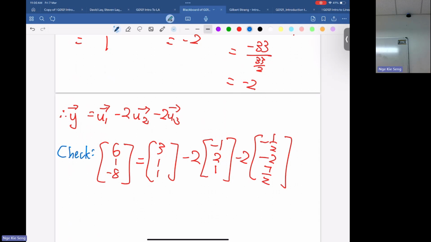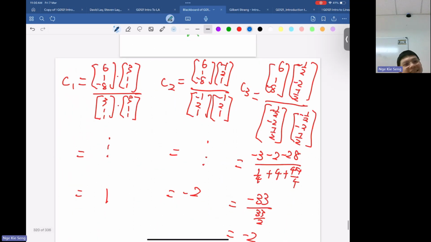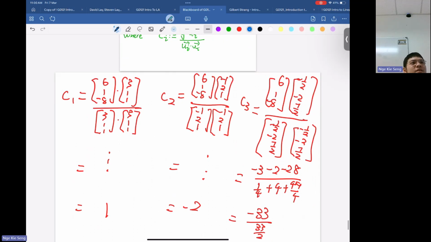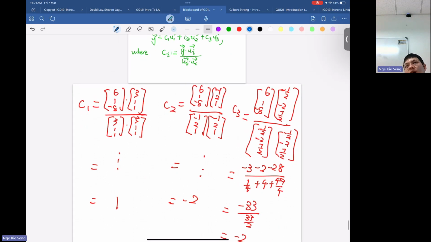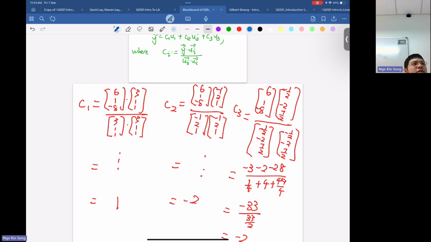So you might think that, hey, the solution is only 1, -2, -2. We compute so many dot products here. Seems like more complicated, huh? Okay, but you need to understand. Maybe if you ask the computer to do row reduction, it is much more complicated than asking the computer to do the dot product.